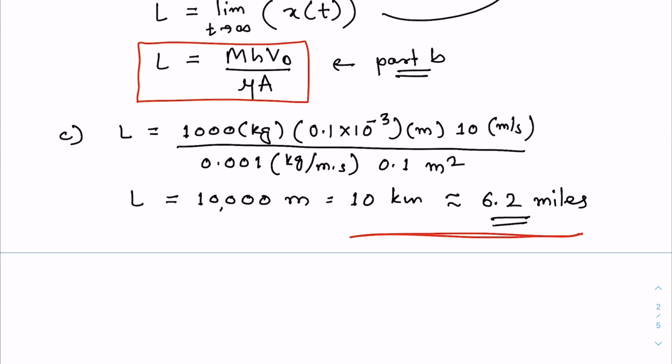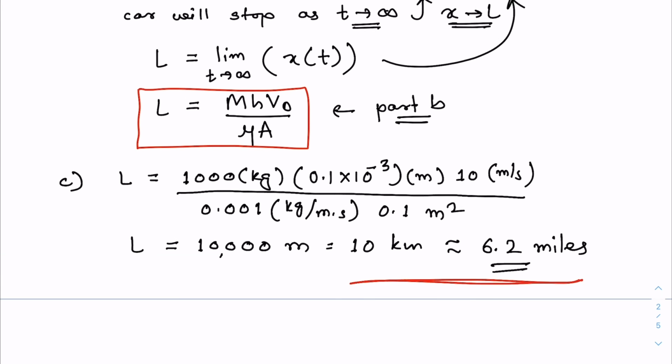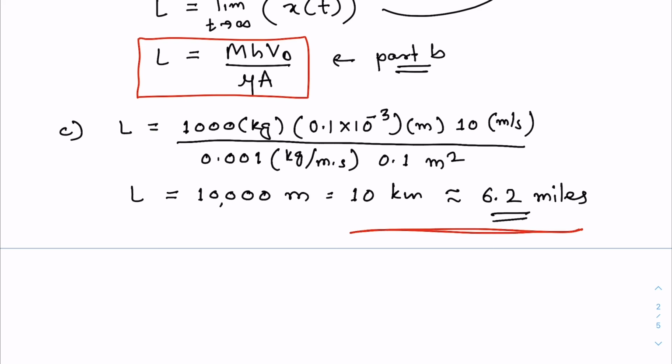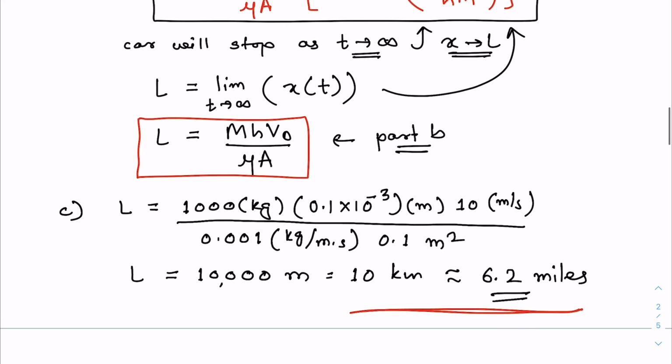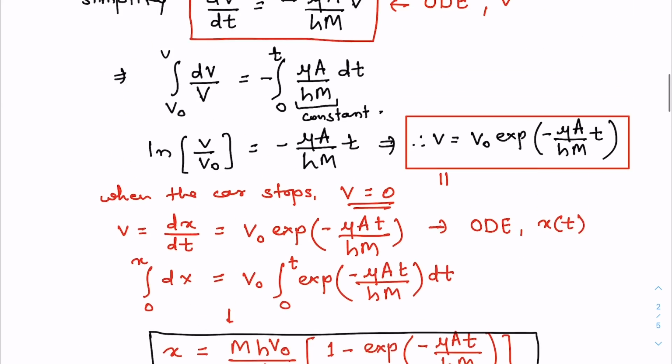That's just because our assumption that the film thickness h and the area of the tire A remain constant is not a very good assumption. As we apply the brakes, they change such that this distance L is very small. So that's how you solve this problem.